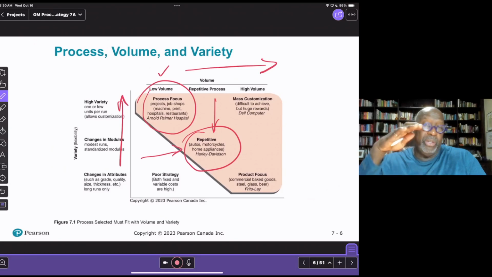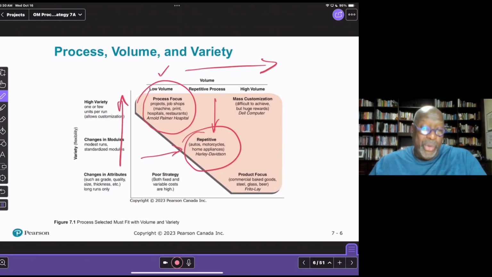You have the freezer on the top versus the freezer on the bottom, and so there's some variation in terms of styles, but the process is relatively repetitive. And when you're producing one style, you could produce at a sufficient volume, but not like the mass production, like producing beer or bread and so forth. So we call that repetitive strategies.